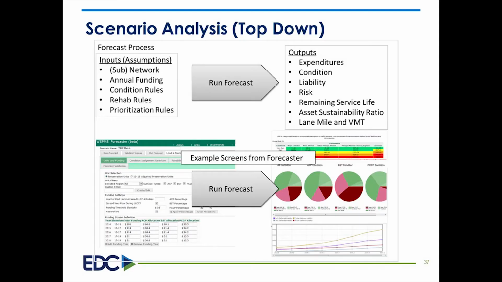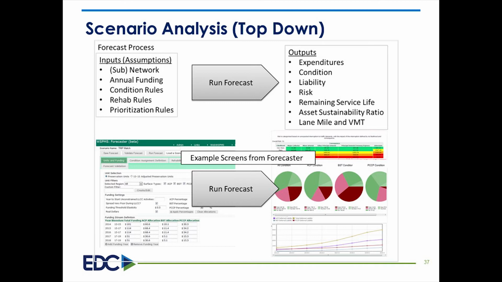We also have in our pavement management system the ability to look at different scenario analyses. When it says top down, it means we're not looking at each individual project across the network. We're looking at, in general, this many miles of chip seal and this many miles of asphalt.